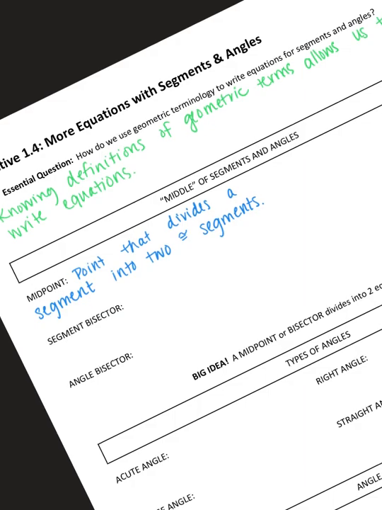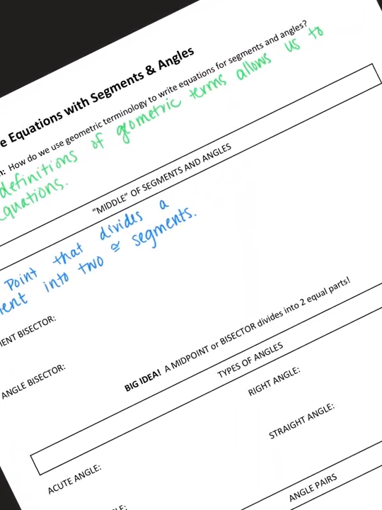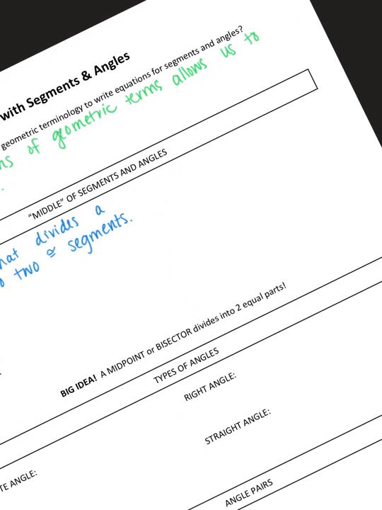So let's see what that looks like, and then let's talk about how you can use that to write an equation. If you were to see a midpoint on a picture, you're going to see a segment. So maybe we have a segment XY. If it's a midpoint, then it's got to be smack dab in the middle. To know that it's a midpoint, we have to show that it divided it into two congruent segments.